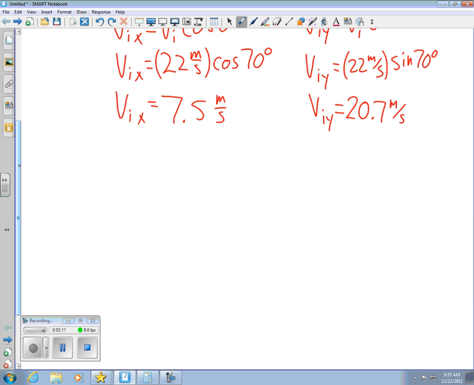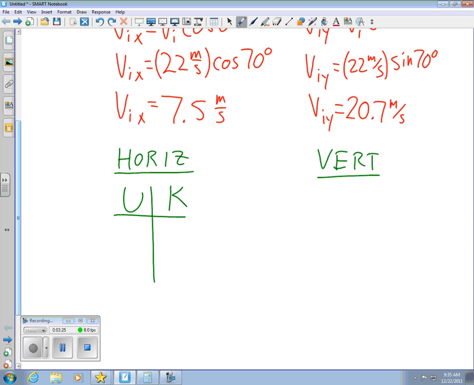Okay, let's do that. The horizontal, I'm going to do on the left, and vertical over here on the right. I'm going to start with what I know about every projectile. Any projectile problem at all, I can put in the accelerations.